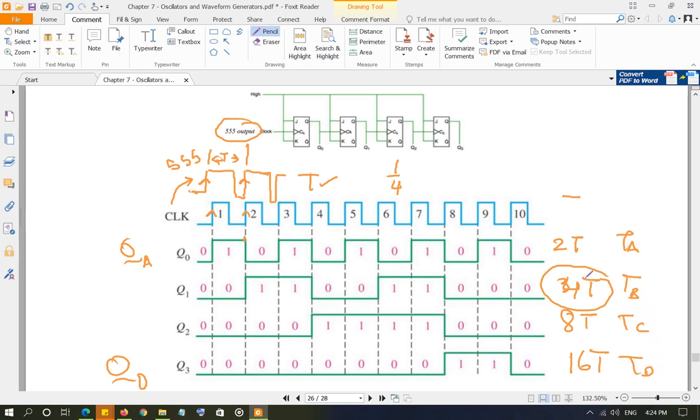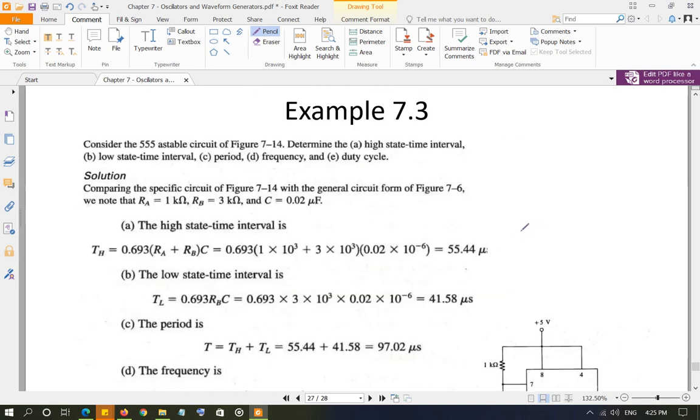This is TA, TB, TC, and TD. So if TB is 10 millisecond, then T of 555 is going to be 1/4 of 10 millisecond, which will be 2.5 millisecond. So you have to design the timer for 2.5 millisecond, and that you can do easily by choosing different values of RA, RB, and C.